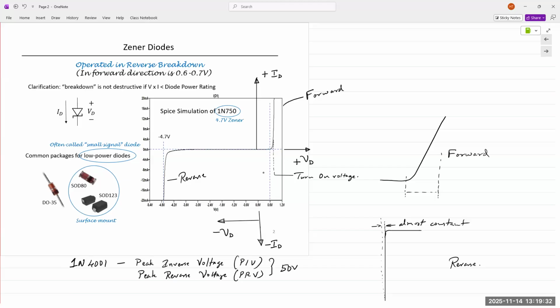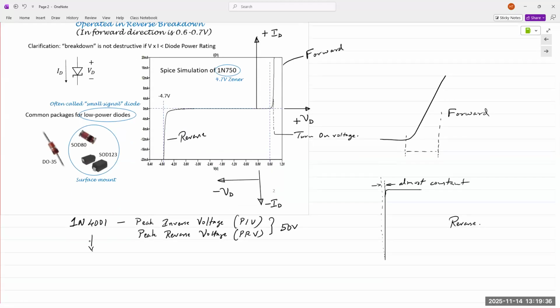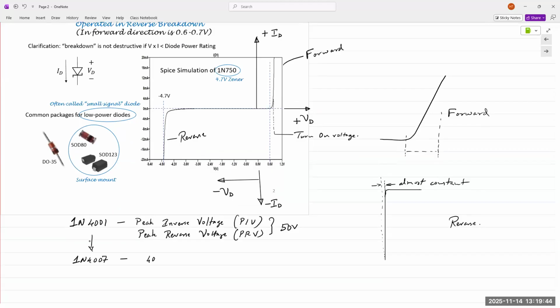It is up to 50 volts. The series goes up to 1N4007. The PIV rating for this 4007 is 400 volts. You could safely stick it into a wall outlet and nothing would happen to it.